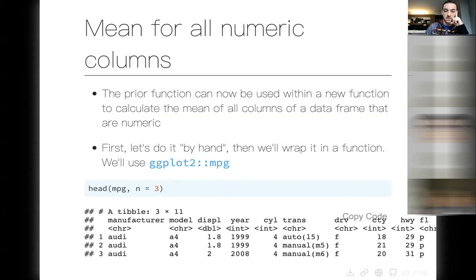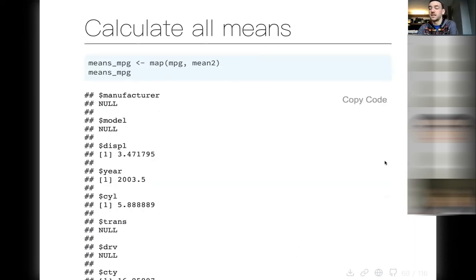So you can see it's got some character vectors and some double and some integer. Okay, so if we want to calculate all means, we could say map(mpg, mean2). So for manufacturer and model, we get null, of course, because those are not numeric. But for engine displacement, year, cylinder, those are all numeric. So we get the means back.